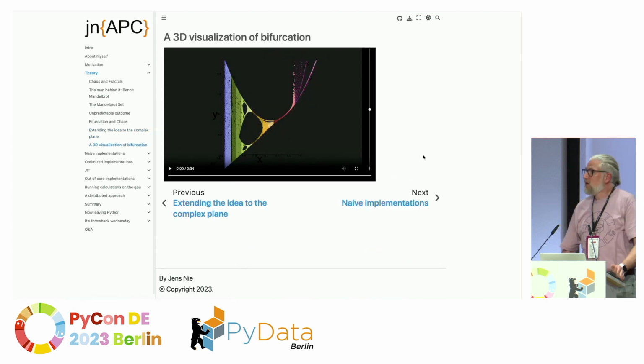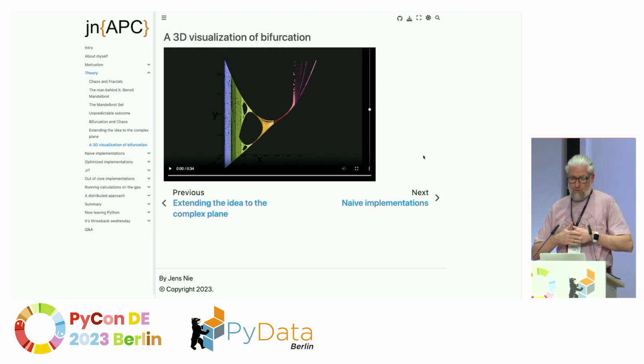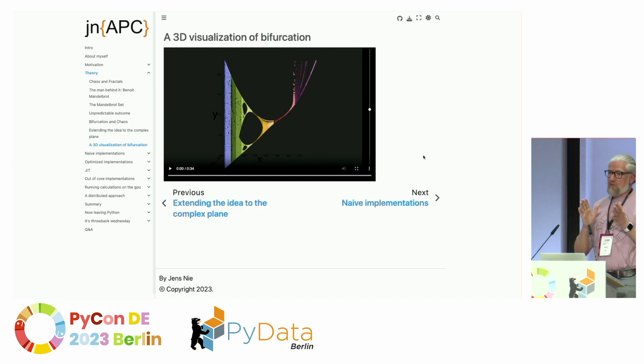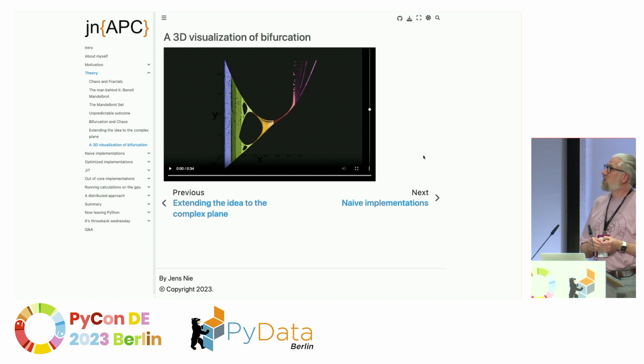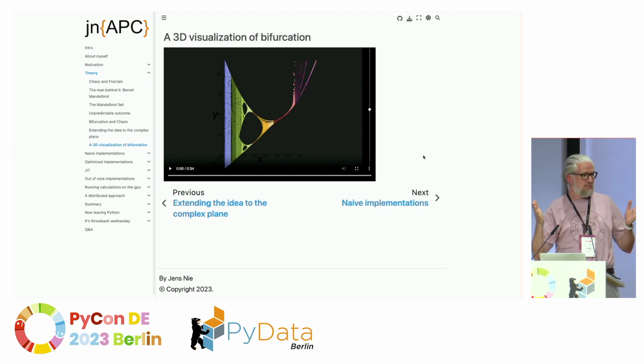So let's have a look at an animation of how these things develop when we vary the imaginary numbers. Here we have colorized all the real numbers like a table of contents. It's the bifurcation diagram for the imaginary part being 0. And what really happens if you do the complex multiplication is that you have a rotation in the complex plane. So multiplication of complex numbers actually is a rotational process. And to visualize this, I've added another dimension.